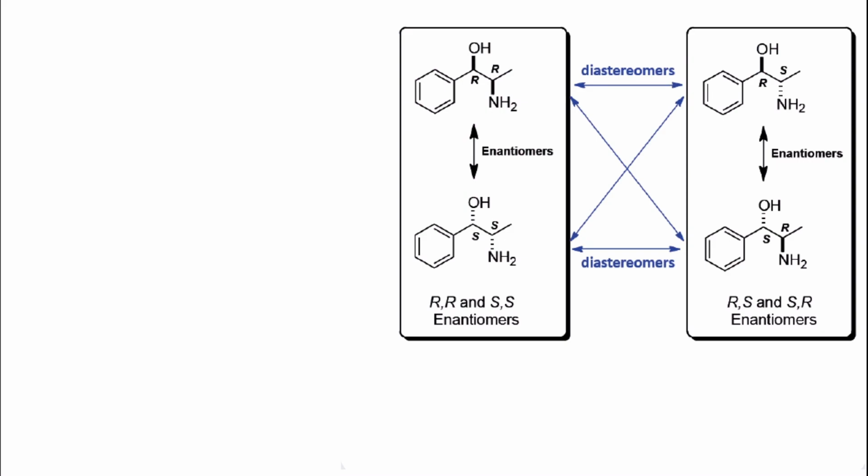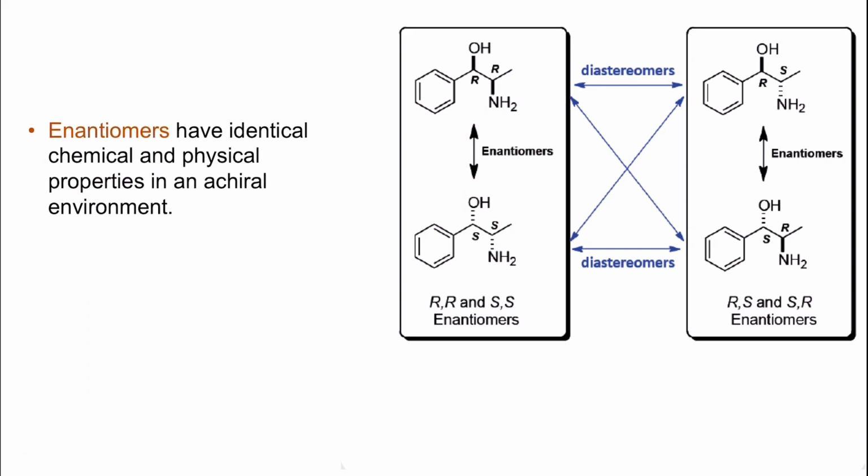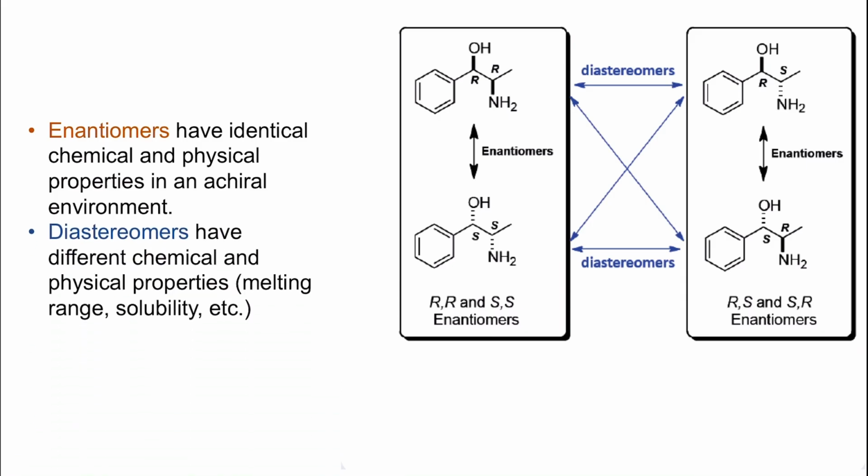So what is the difference between enantiomers and diastereomers? Enantiomers have identical chemical and physical properties in an achiral environment. However, diastereomers have different chemical and physical properties, things like melting point, boiling point, solubility, and so on.